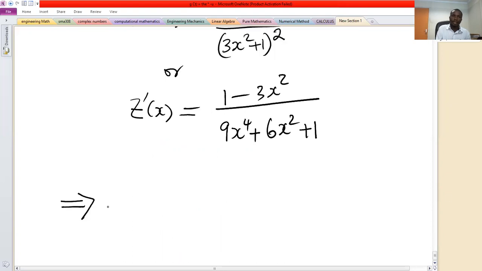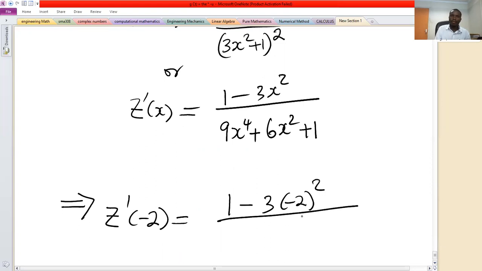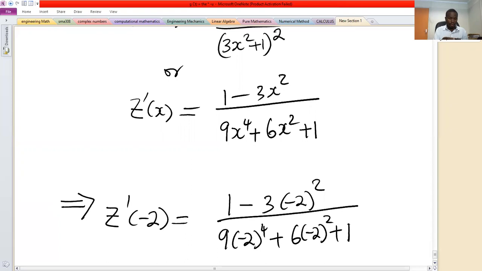So z prime at minus 2 will be (1 minus 3 times (minus 2) squared) over (9 times (minus 2) to the power 4 plus 6 times (minus 2) squared plus 1). 1 minus 3 times (minus 2) squared is minus 11, and the denominator is 169.